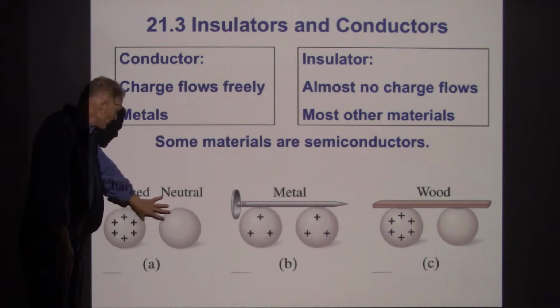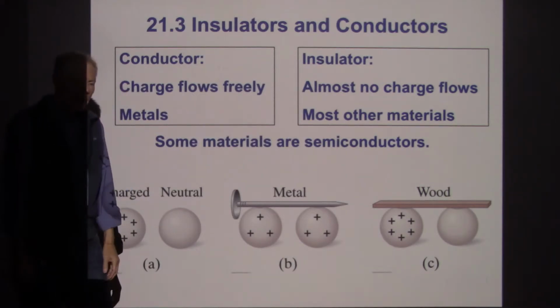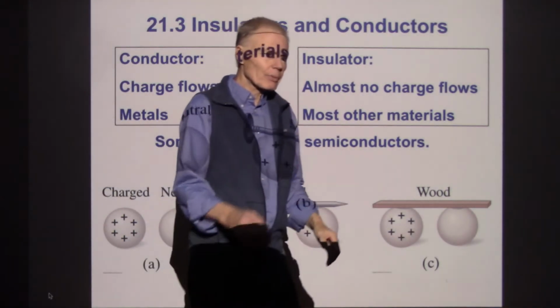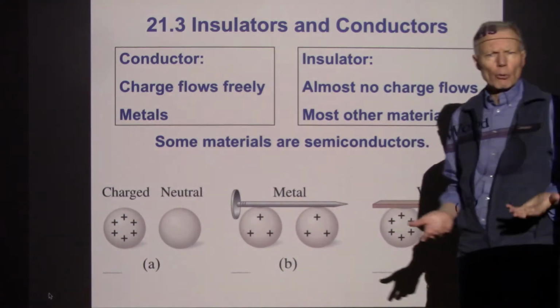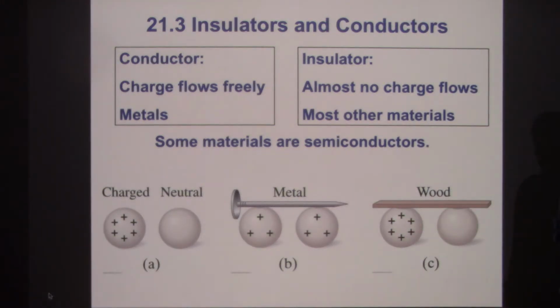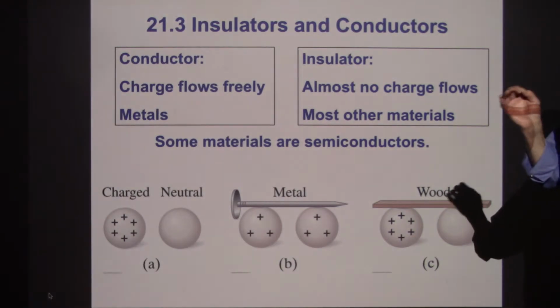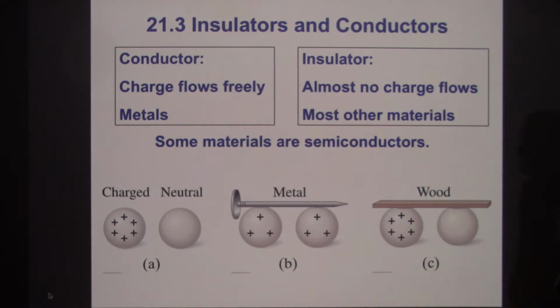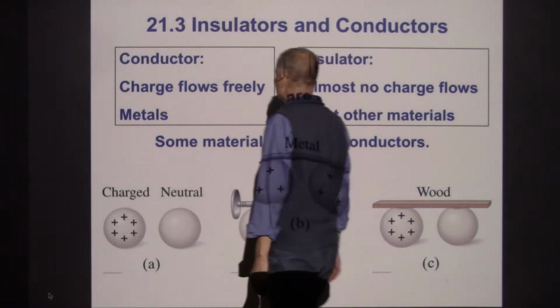So typically, these are some solid materials, and when we say that the charges are able to flow through these conductors, that means that the electrons are able to move. If the electrons get pushed, the electrons can move around inside conducting materials.